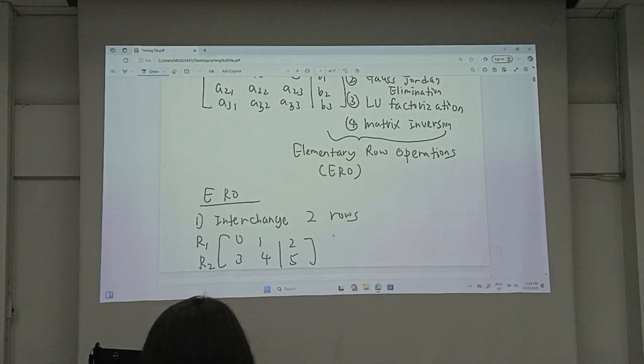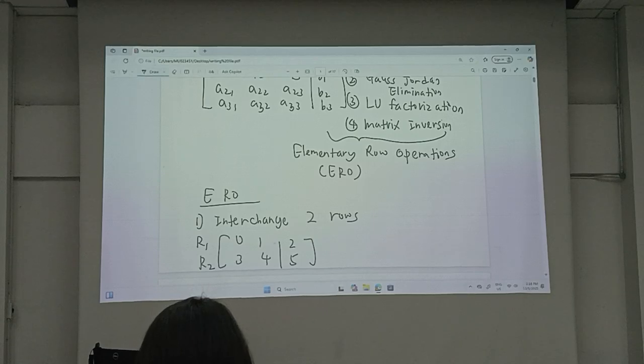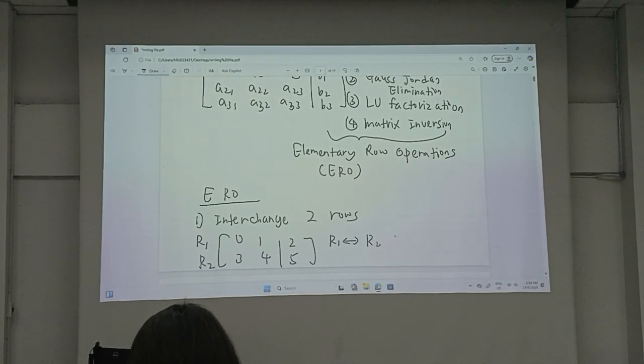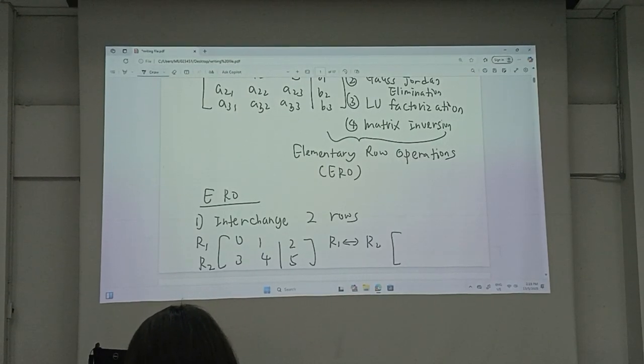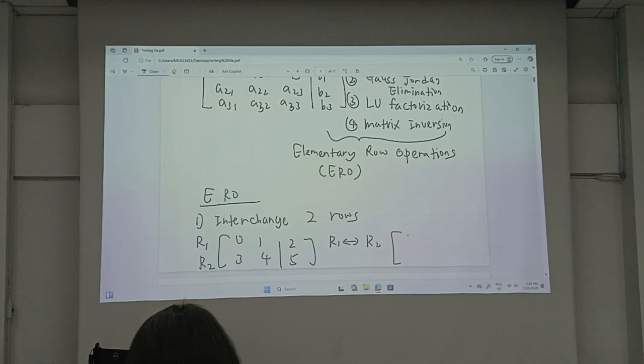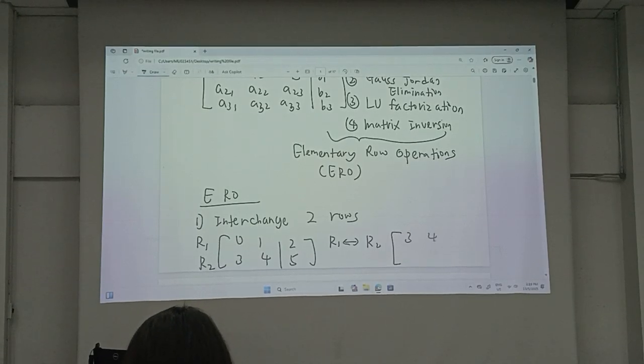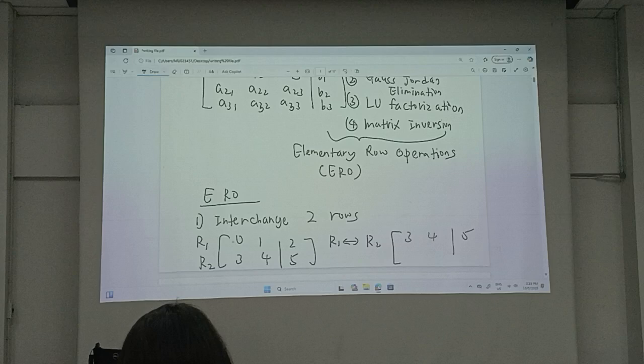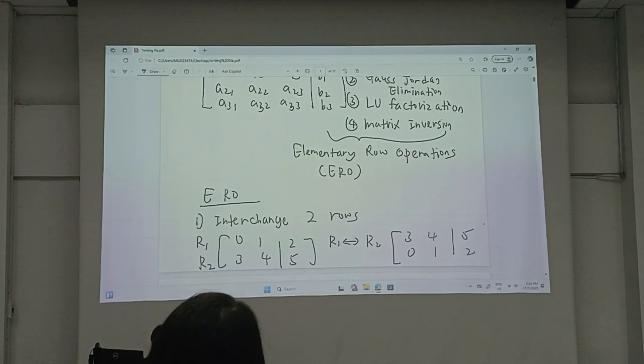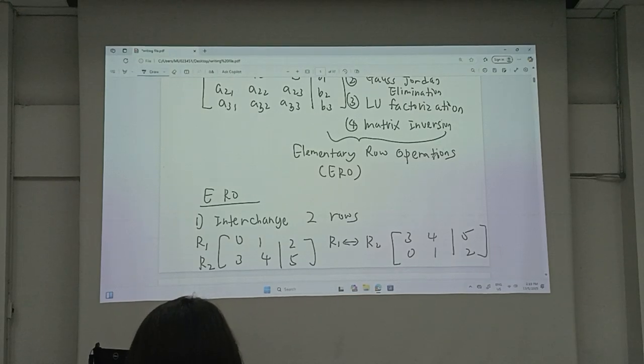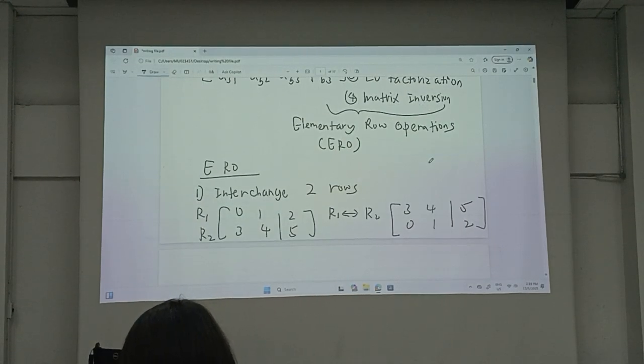Now we want to interchange R1 with R2. So how do we write the interchange? R1 interchange with R2. As a result, R2 will be on row number 1, and R1 will be on row number 2. So this is the first elementary row operation.